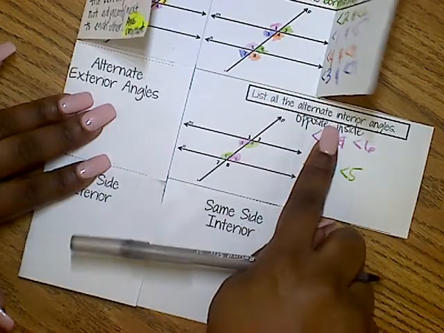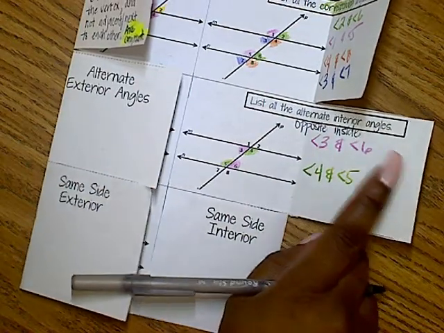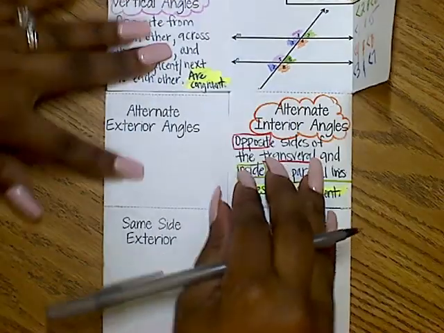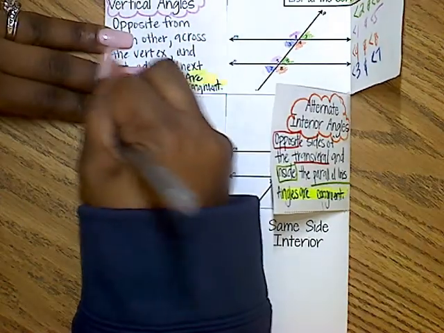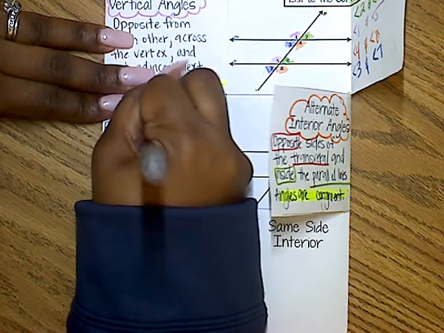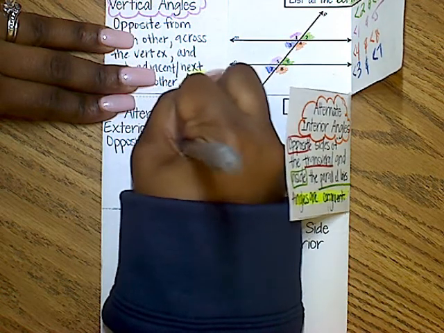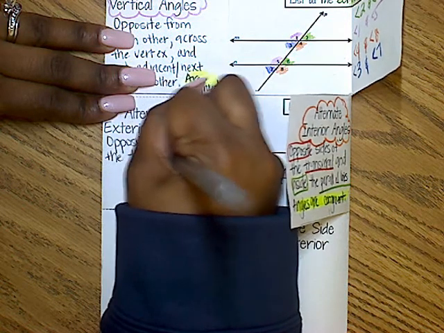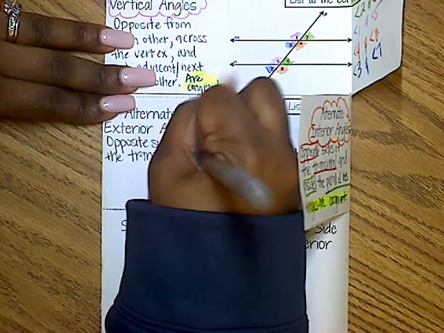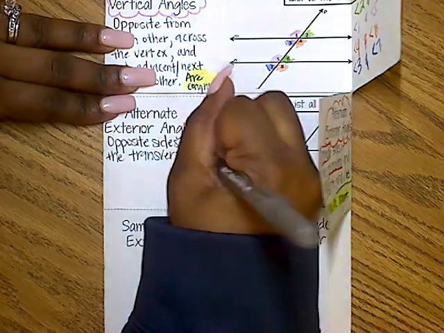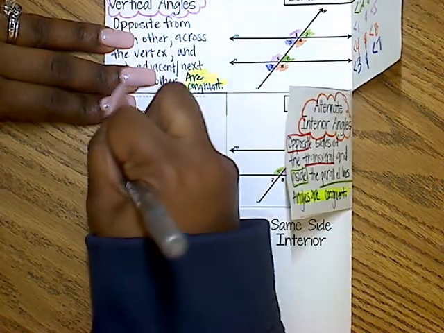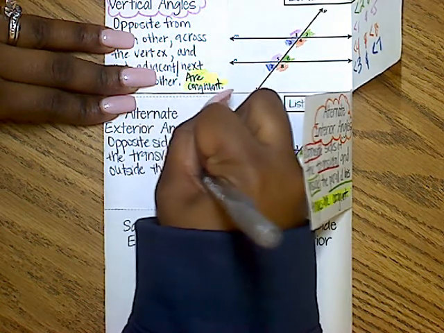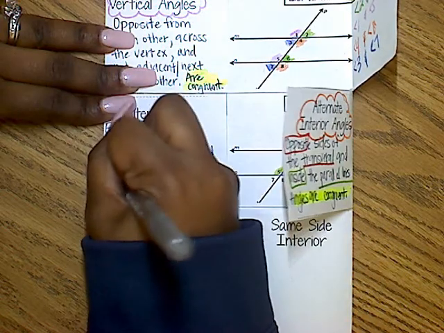So therefore, if alternate interior are opposite inside, alternate exterior are going to be opposite and outside. So again, opposite sides of the transversal and outside the parallel lines.